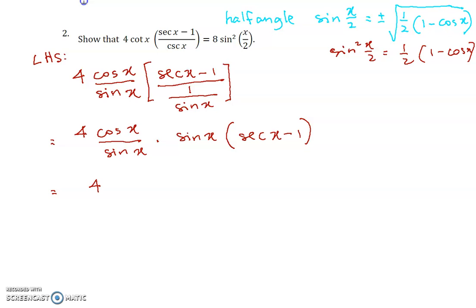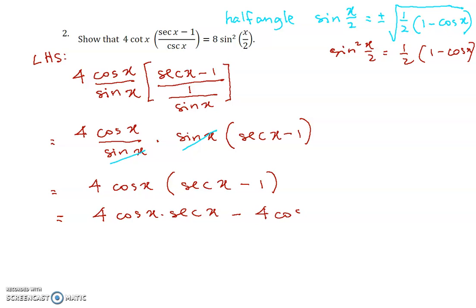So we have here 4 cos x, secant x minus 1. What I'm doing is cancelling sine x, and then I multiply cos x by secant x, and this one I just multiply inside, just open the bracket.